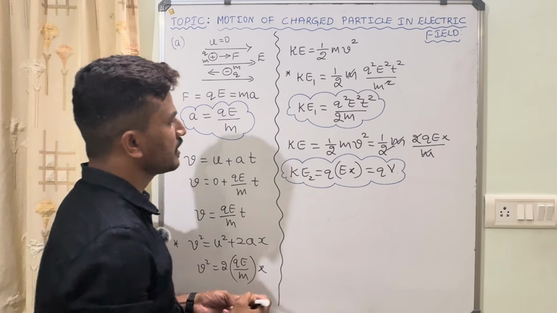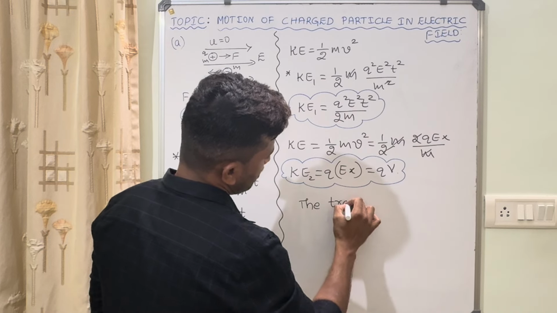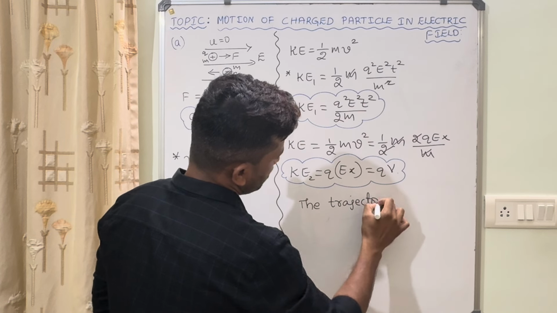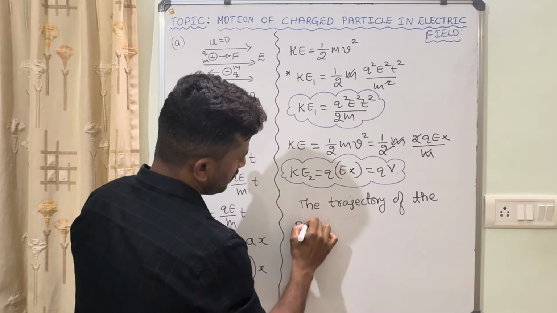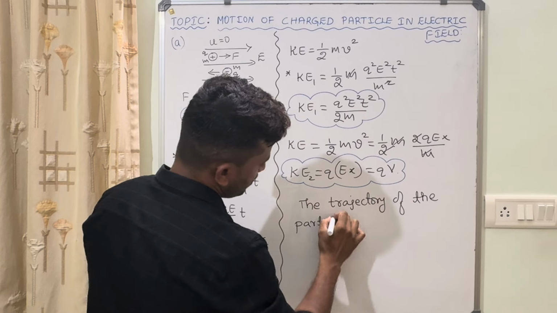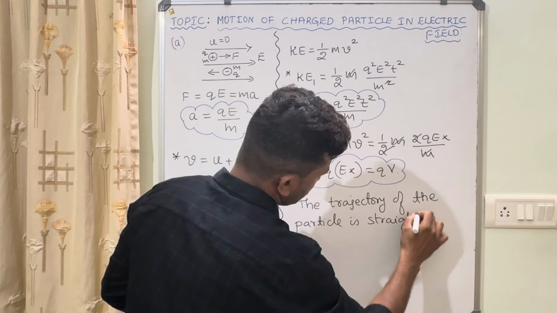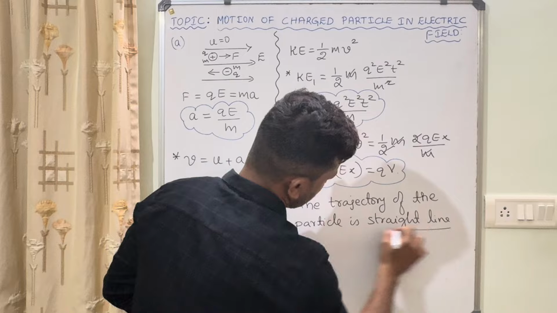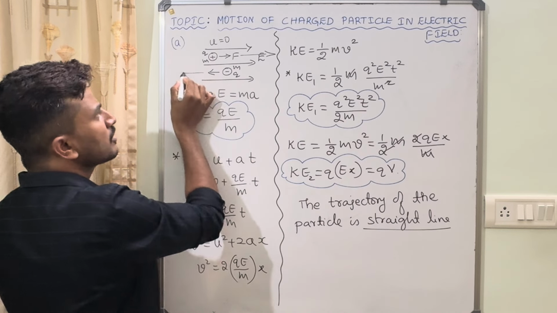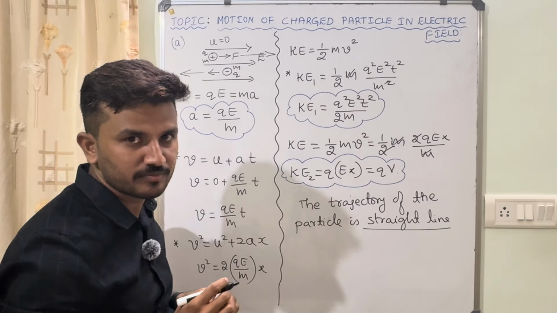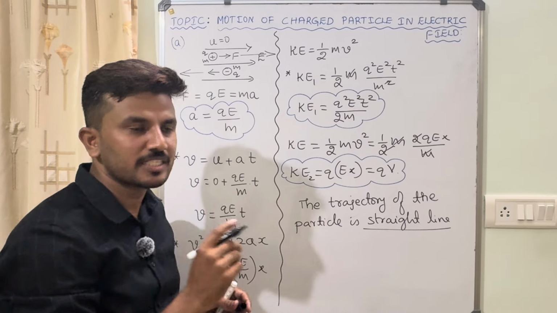That means the trajectory of the particle is a straight line, because the charged particle either moves in this direction or moves in this direction along this straight line.